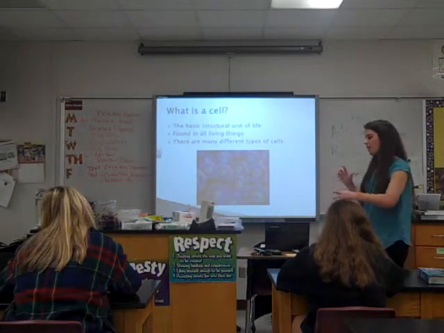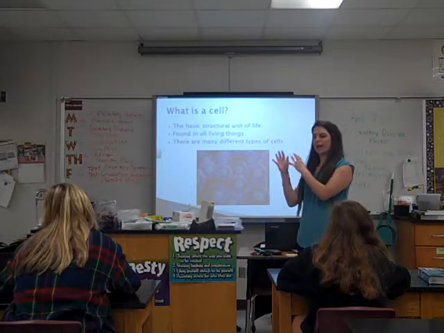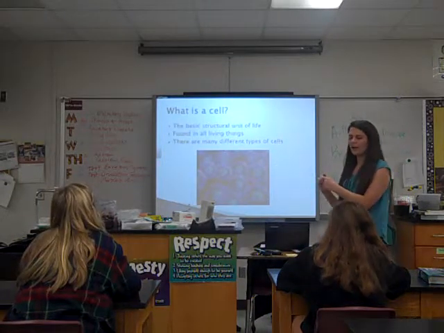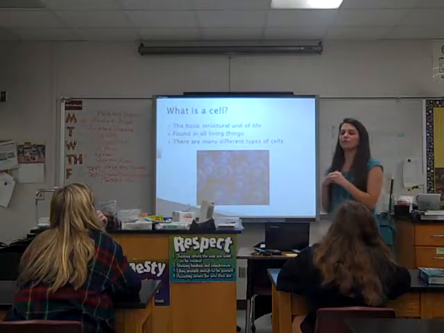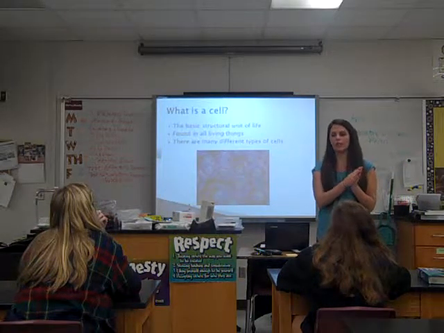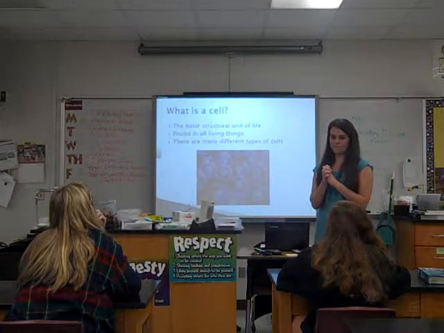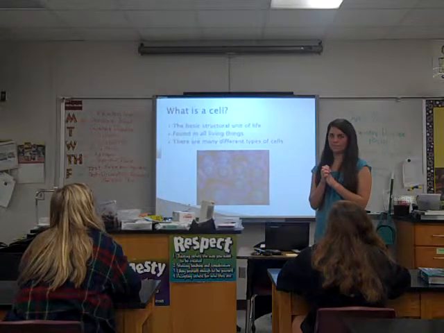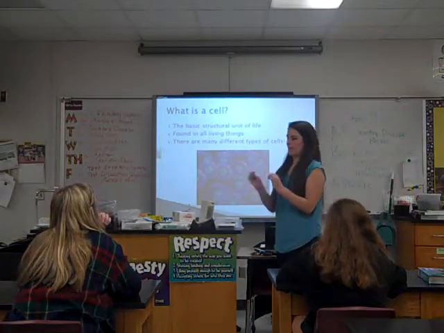So knowing the cell structure, and based on those characteristics that you saw in cell A and cell B, which one do you think evolved first? Which one do you think is the older cell type? Prokaryotic or eukaryotic? Prokaryotic. Prokaryotic because why, Macy?